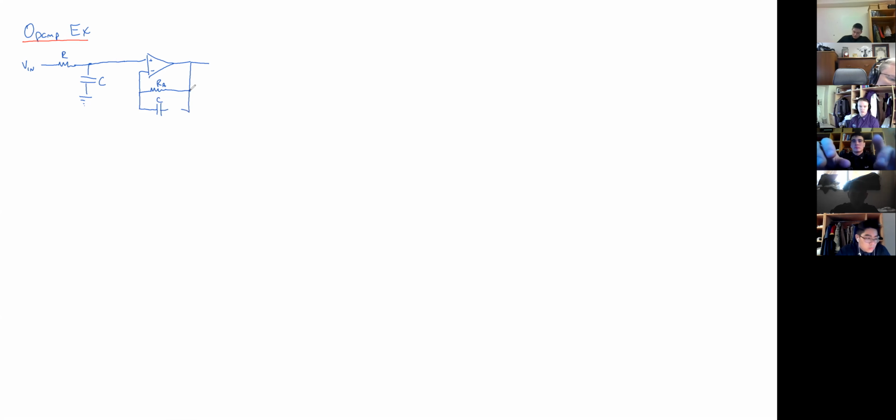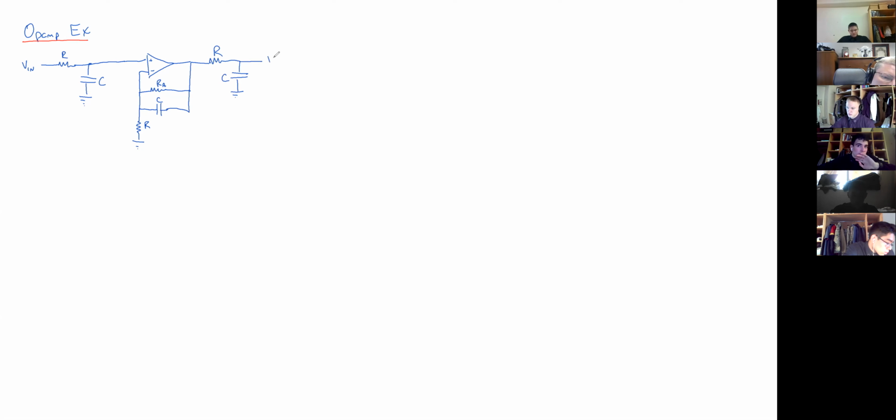This is a segment of a circuit taken from a three-phase brushless motor driver. So this C and this C are the same values. This R and this R are the same values. This R and this C correspond to all those other Rs and Cs.